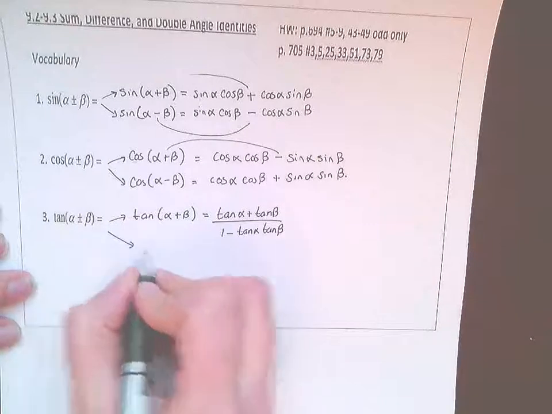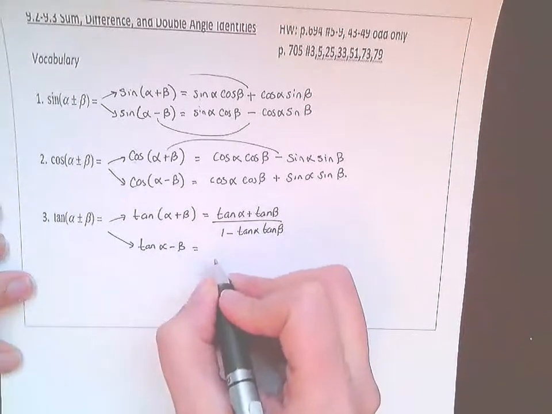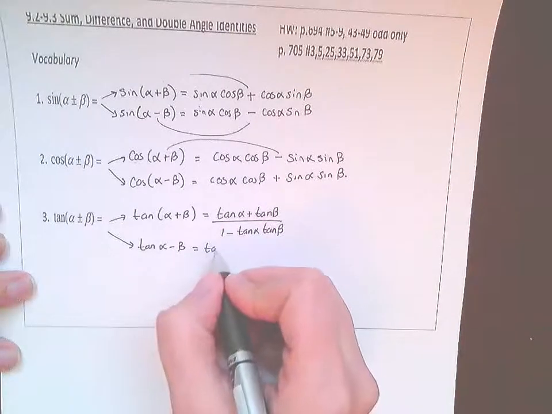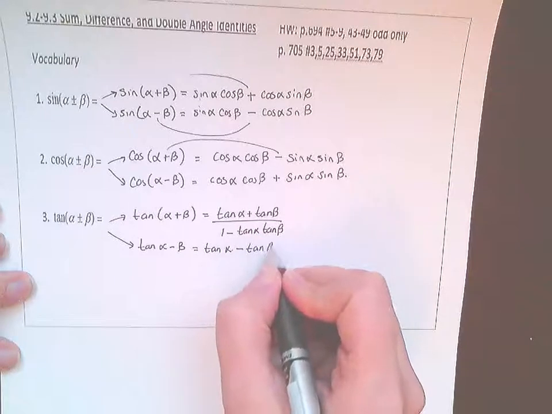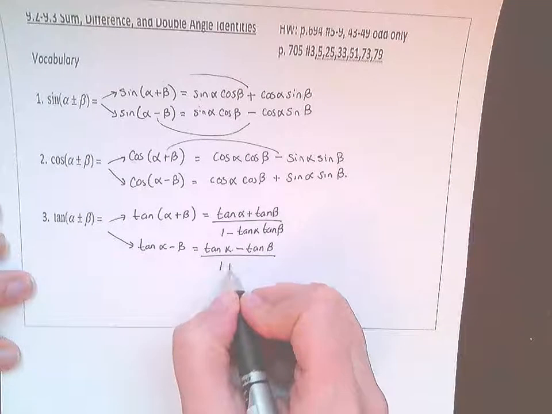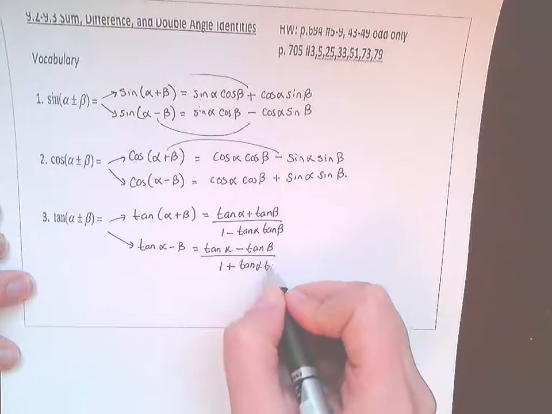And then if you have the minus, so tan of alpha minus beta, then this one is basically tan of alpha minus tan of beta over 1 plus tan of alpha tan of beta.